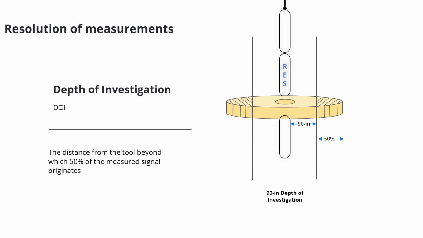For example, consider a tool with a 90-inch depth of investigation. Half of the tool's measured signal originates from the volume beyond a 90-inch radius of the tool, while the remaining half originates from the volume within a 90-inch radius of the tool.